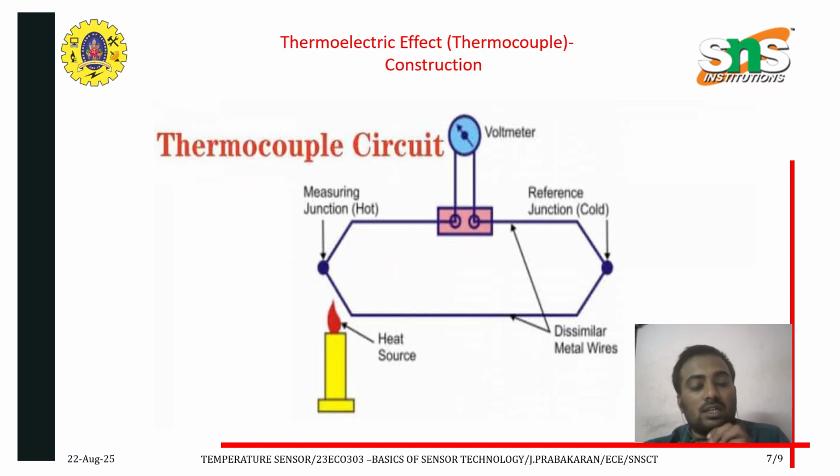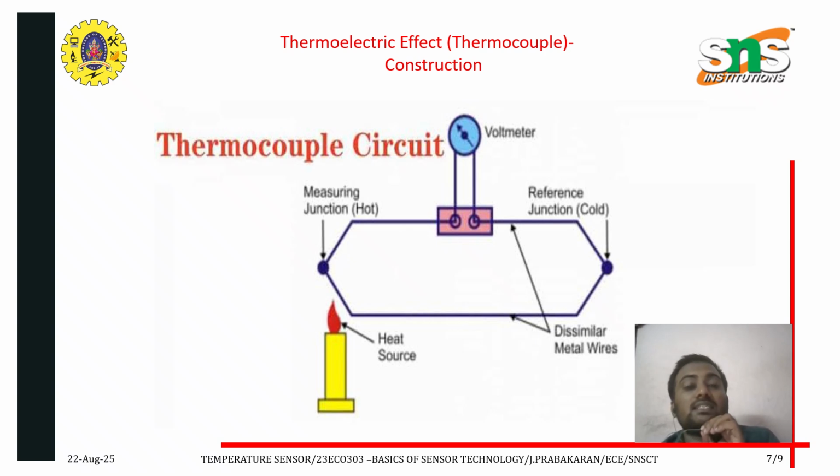Here also we can explain, a thermocouple consists of two dissimilar metal wires joined at two points, forming two junctions. One junction is the hot junction, which is placed at the point where the temperature is to be measured.